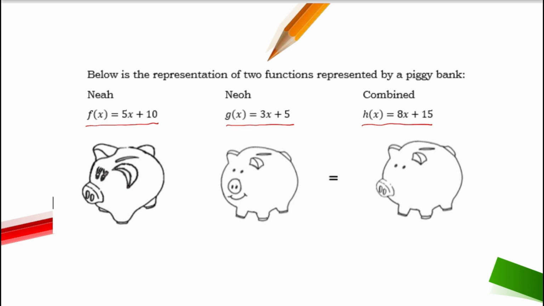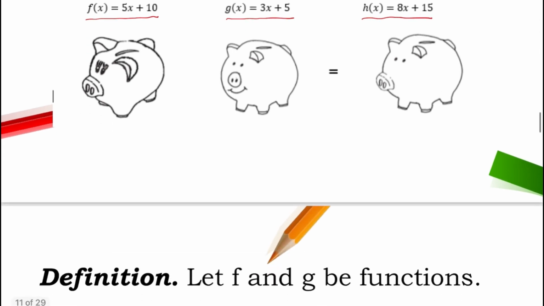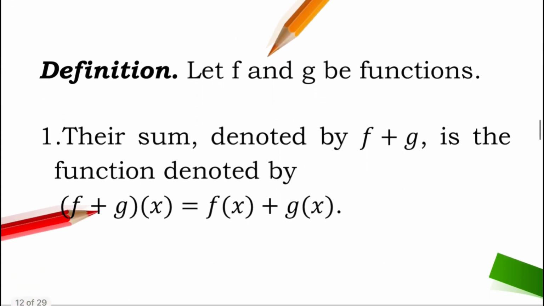In the given illustrations, we just simply combine the piggy banks of the two students. The result is another piggy bank. It's just like adding two functions that will result in another function. Now, let's have the definition.